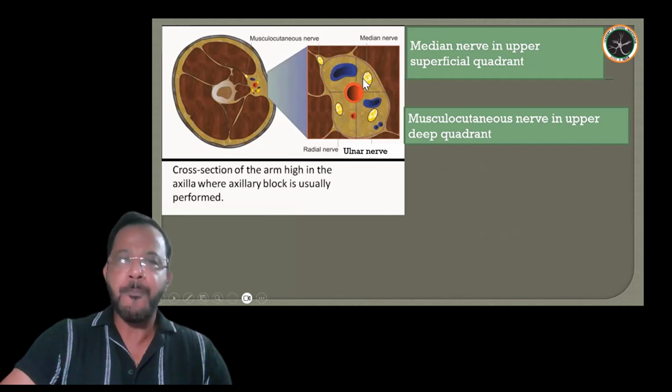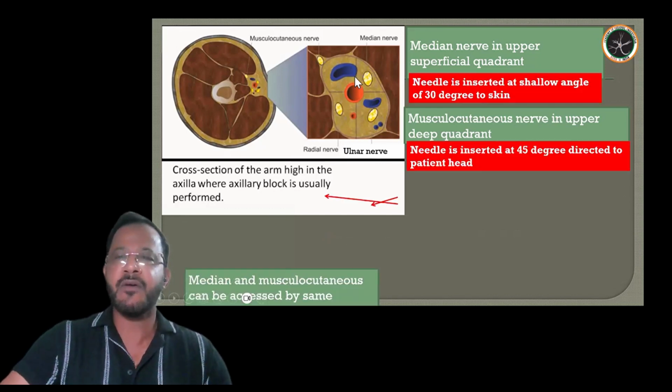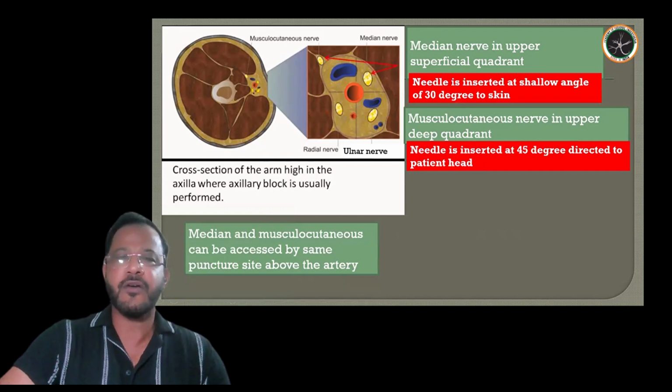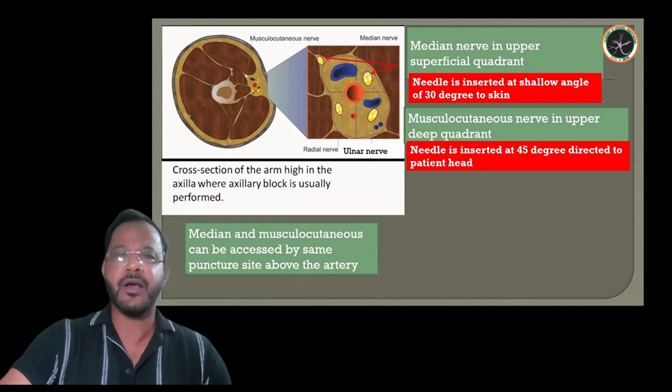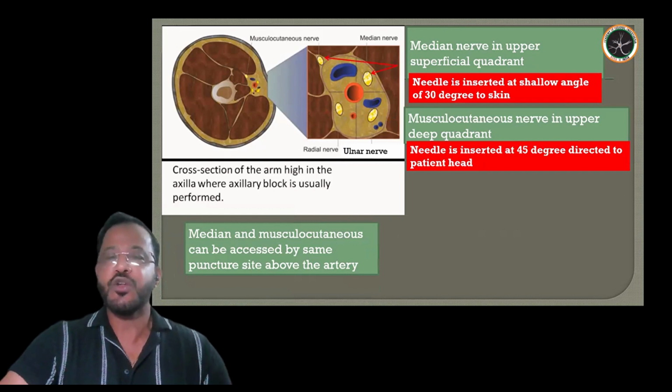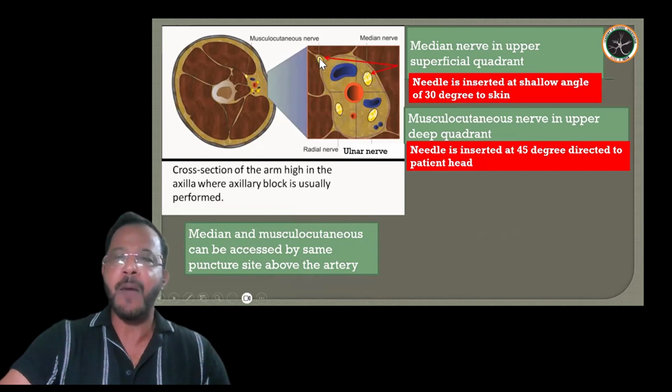So you can approach both the median nerve and the musculocutaneous nerve by a same puncture site above the artery. If you put the needle at a shallow angle of 30 degrees to the skin relative to the artery, you can approach the median nerve, and that same needle, if you orient around 45 degrees towards the patient head, you can approach the musculocutaneous nerve.